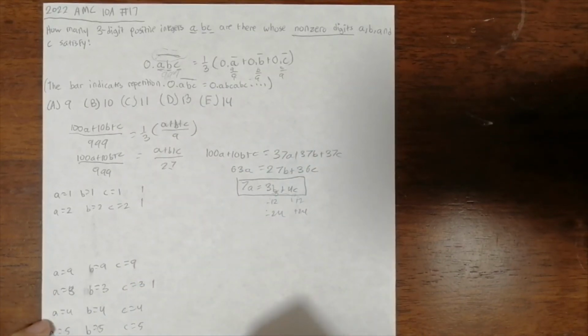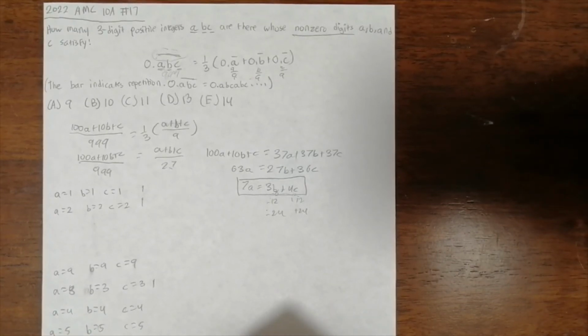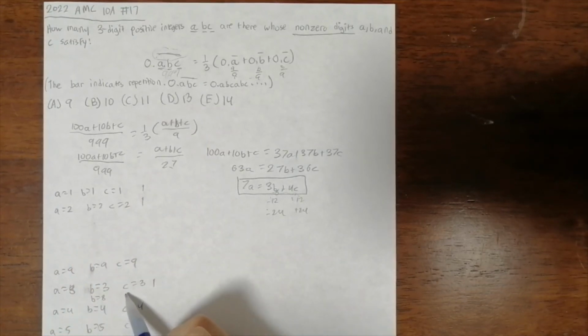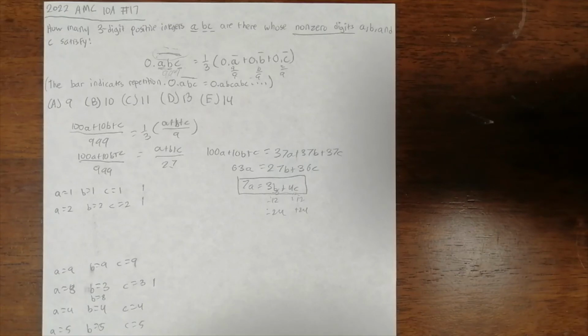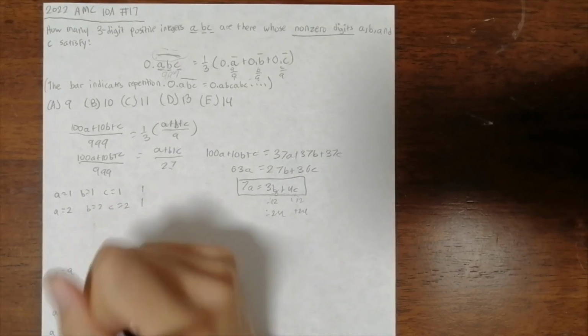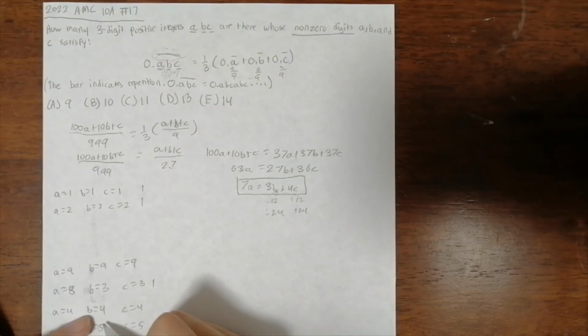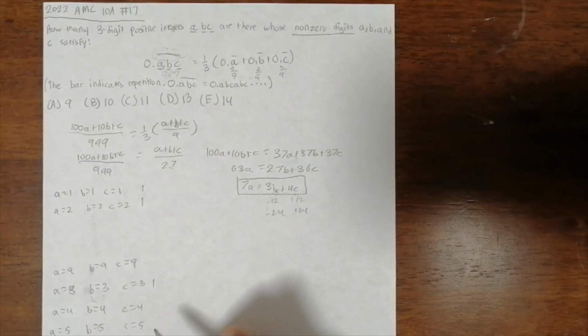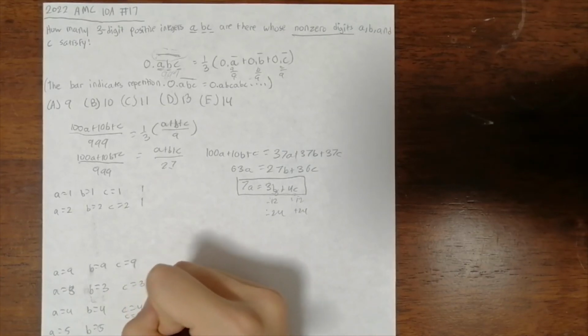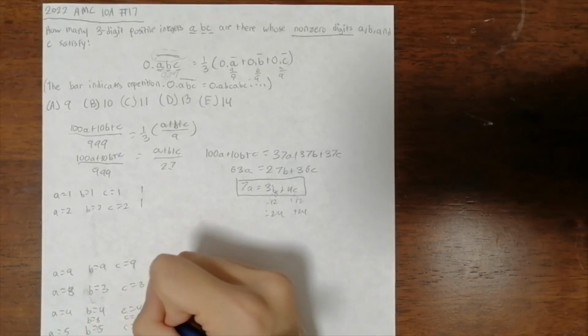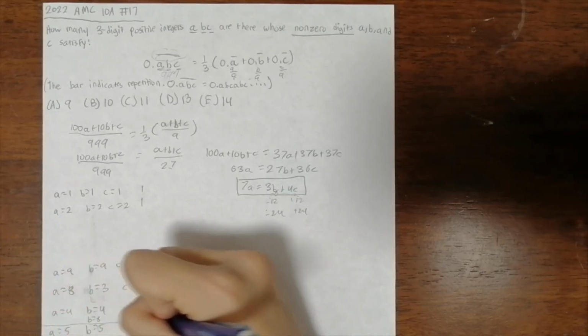I think this one will actually have two solutions. A equals 4, B equals 4, C equals 4. We can add 8 to B and subtract 3 from C. So we have C equals 1, B equals 8, and that gives us two solutions for this case.